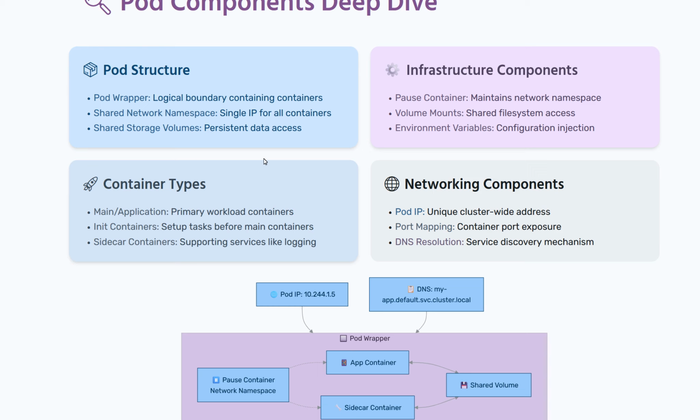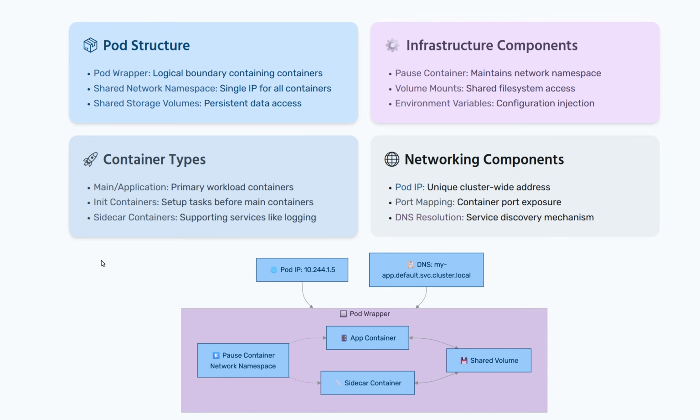And then you have container types: the main application, the primary workload container, and init containers, which do setup tasks before the main containers. And then sidecar containers, supporting services like logging. For sidecar containers, I compared a motorcycle: you attach a sidecar with another wheel. It's a part of the container, and when you destroy the container, the sidecar is also destroyed.